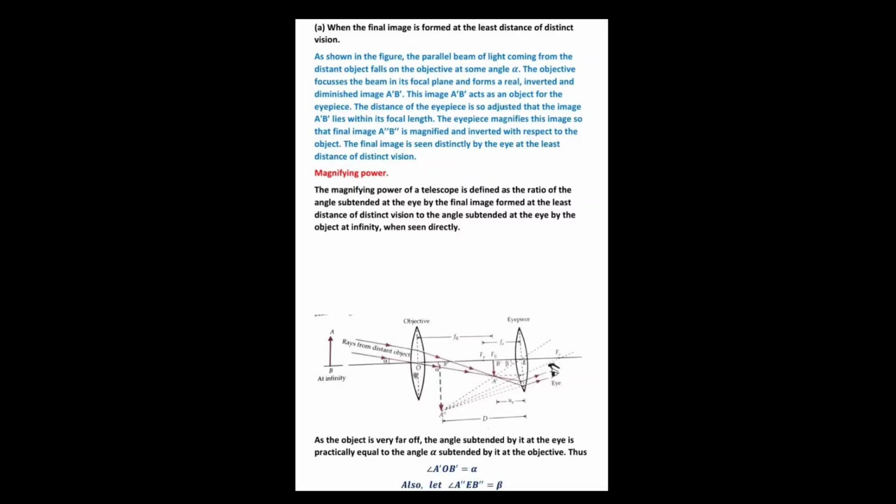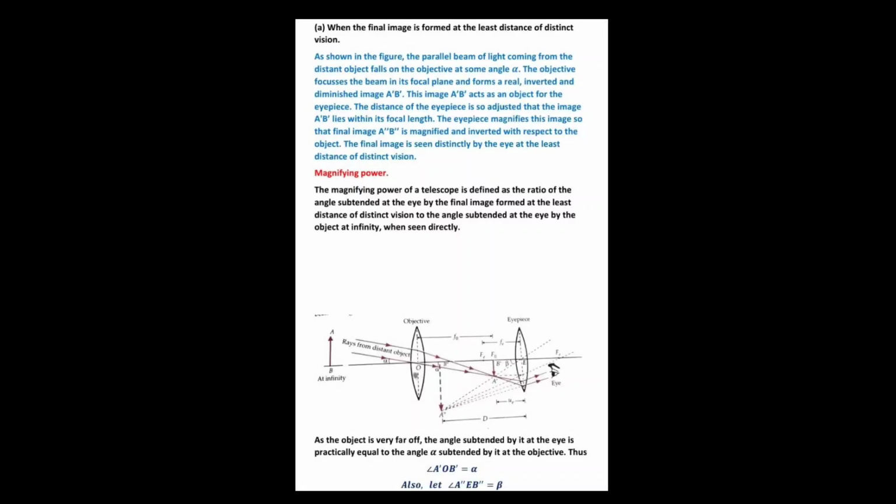The objective focuses the beam in its focal plane and forms a real, inverted and diminished image, that is A dash B dash. Then this image A dash B dash acts as an object for the eyepiece. The distance of the eyepiece is so adjusted that the image A dash B dash lies within its focal length.